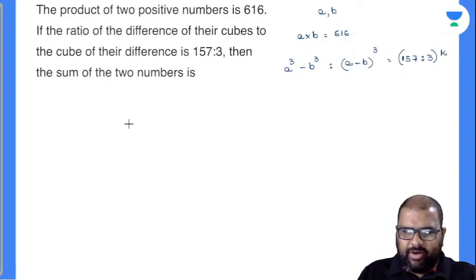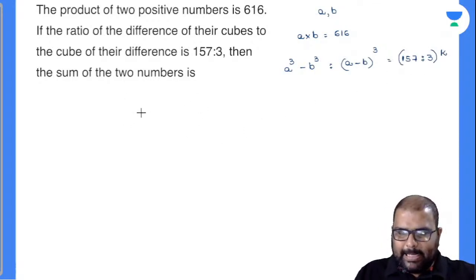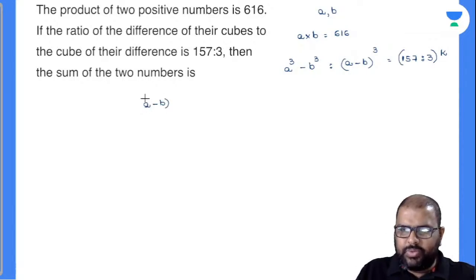So automatically what will be my a minus b whole cube value? A minus b whole cube value is nothing but equal to 3k.